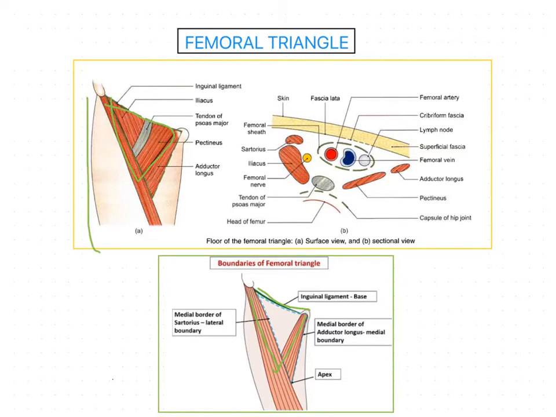So femoral triangle is a triangular depression on the front of the upper 1/3 of the thigh immediately below the inguinal ligament. Okay, so this is the situation of the femoral triangle.